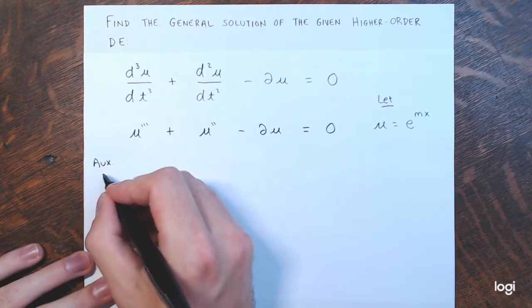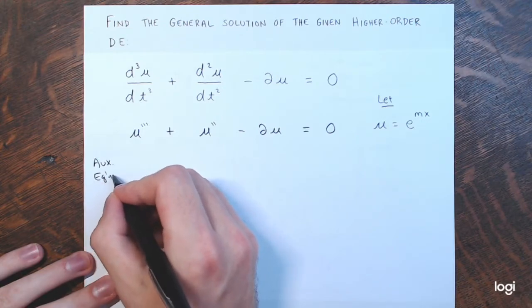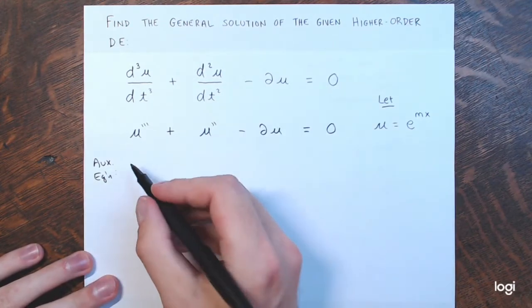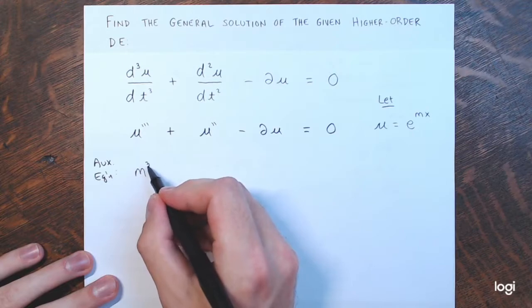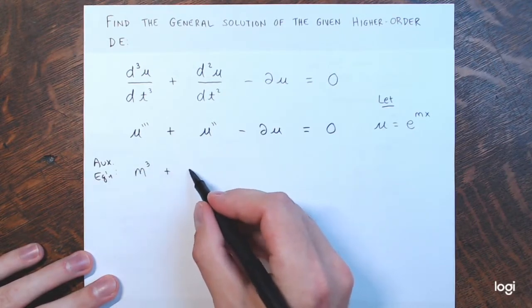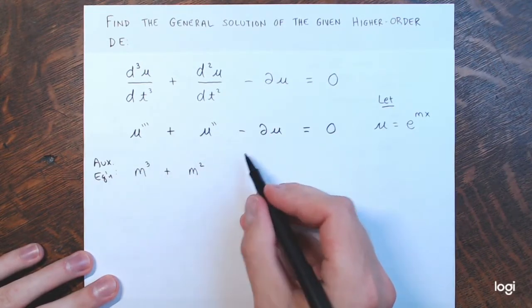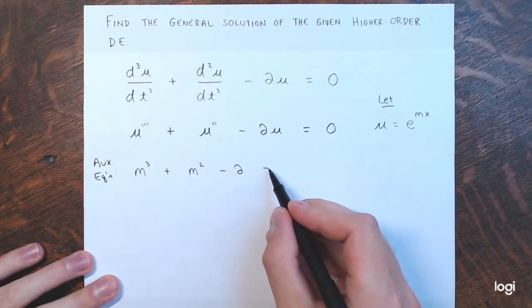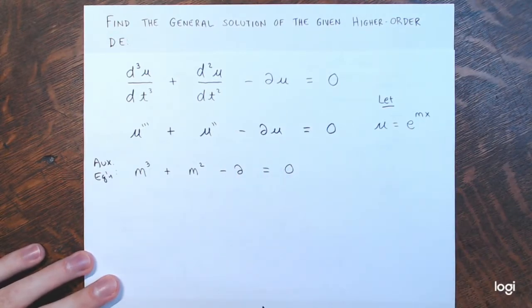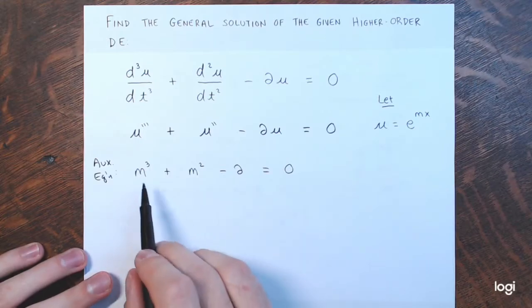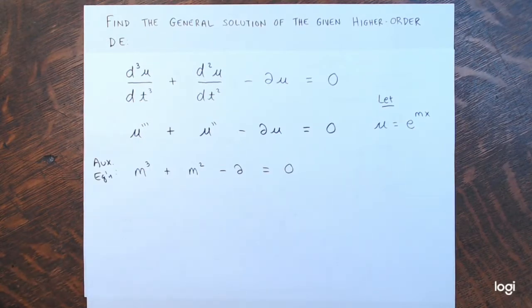In this case, it'd be m cubed plus m squared minus 2 equals 0.